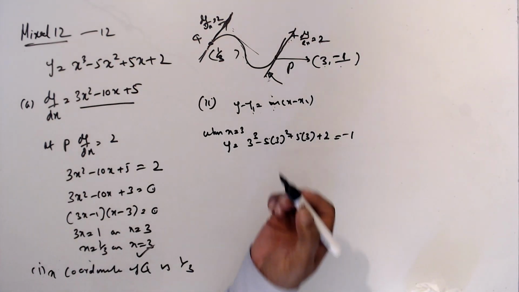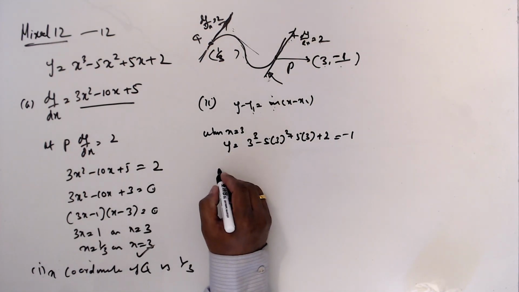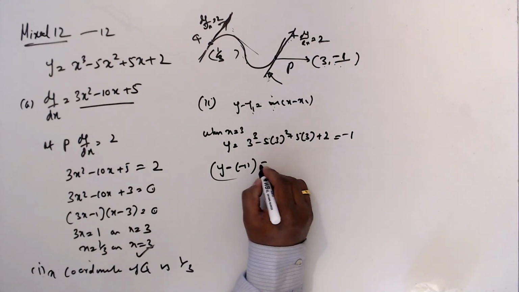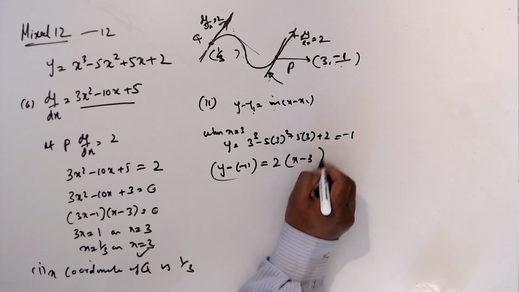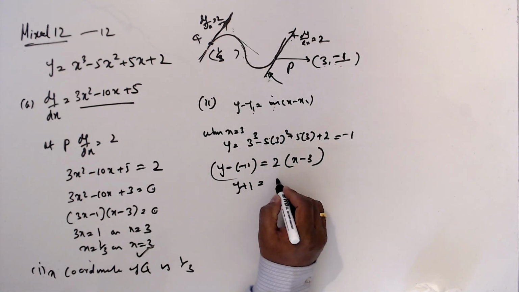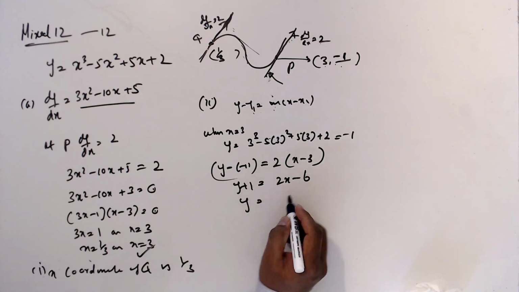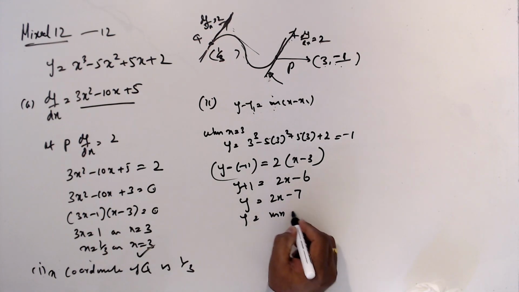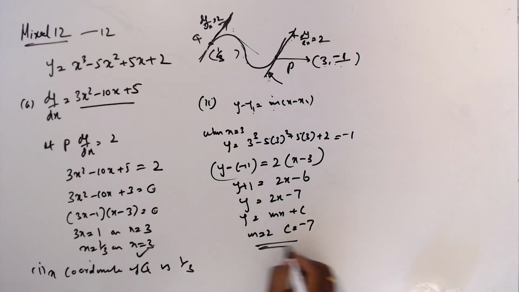Now we can write the equation: y minus (minus 1) equals m times (x minus 3), with m equal to 2. So this becomes y plus 1 equals 2x minus 6. So y equals 2x minus 7. This is y equals mx plus c form. m equals 2 we know, c equals minus 7.